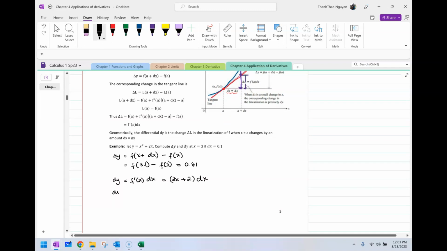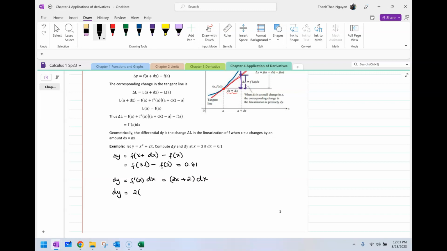So dy in this case equals 2 times 3 plus 2, times dx, that's 0.1. So that is 8 times 0.1 equals 0.8. So note that the value is very similar, right?